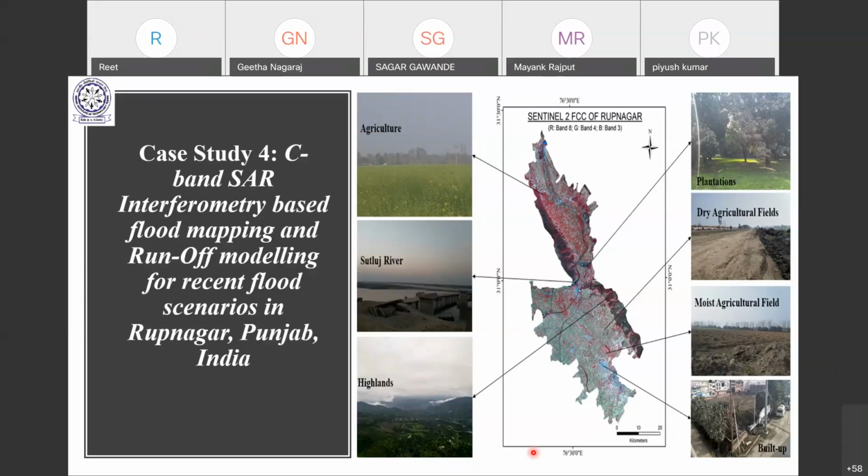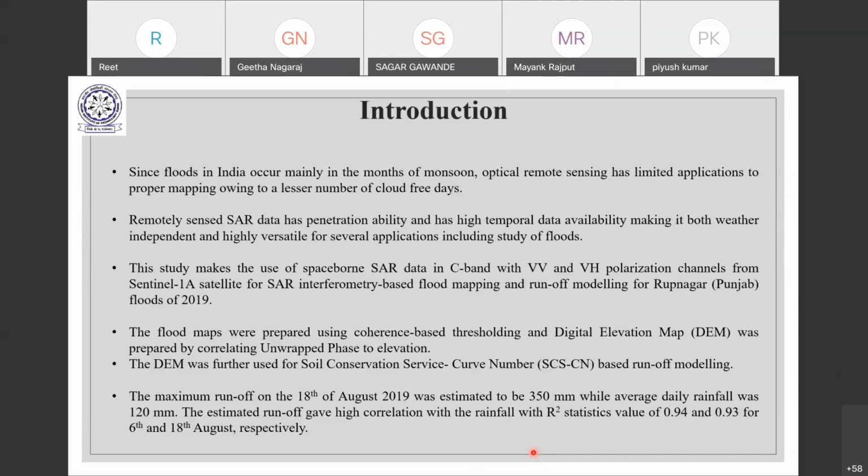And there is one more study related to flooding. Here also we used SAR data for mapping of the flood and also estimating the runoff of the area for the Roopnagar area. What happened last year is that where the IIT is built currently, it is on the banks of the Satluj River.